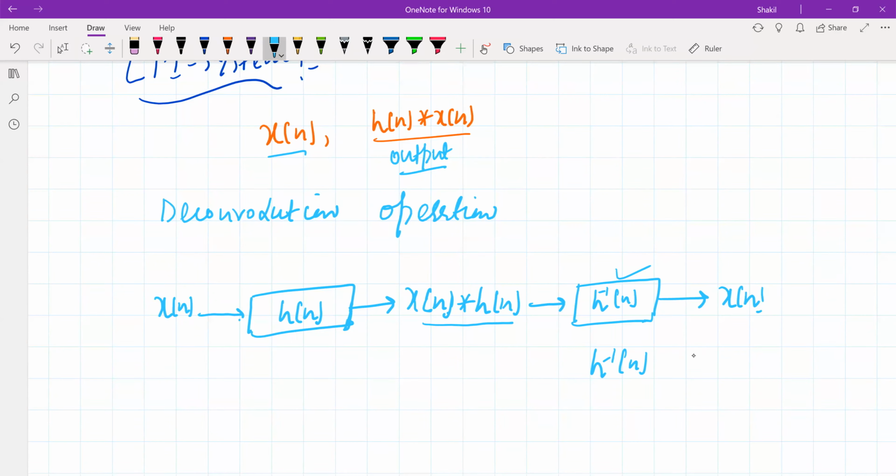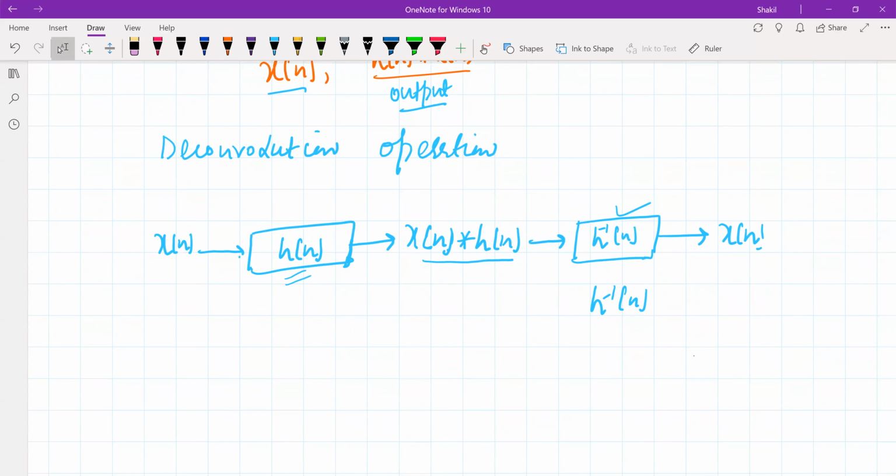It does not mean it is the inverse impulse response. From transform theory, you can prove that the transfer functions must be inverses of each other, but you cannot say that this is the inverse of this signal, right?